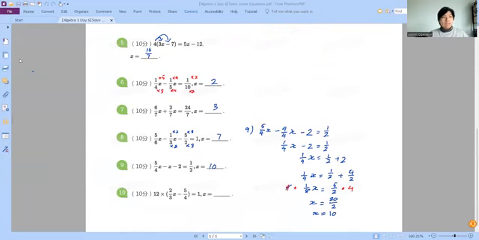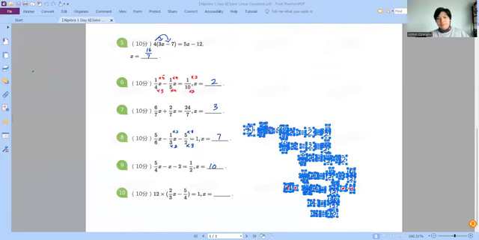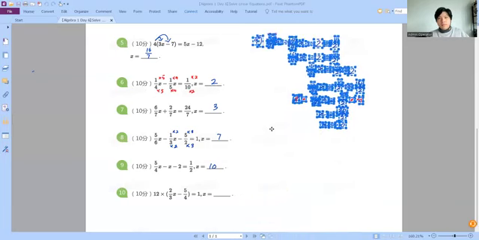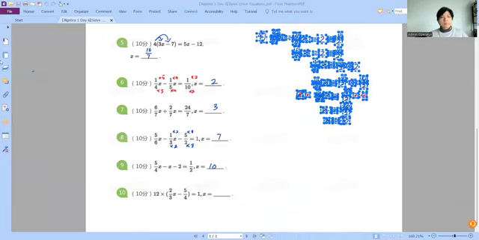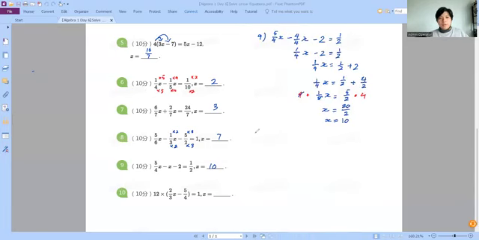I'm going to make some space for the last question here, which is question 10. Question 10, I have 12 times 2/3 x minus 5 out of 4, and is equal to 1. All right, let's apply the distributive law here. First, 12 times 2/3 of x.